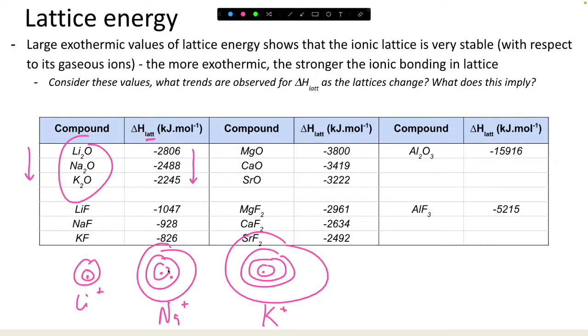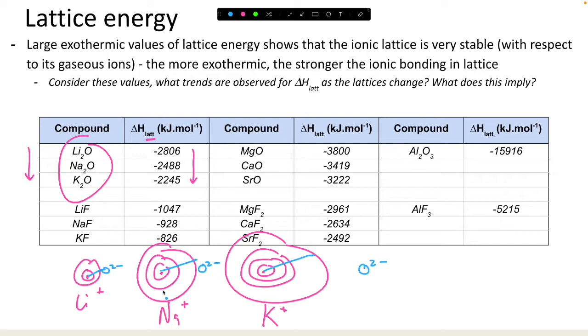But as we get a bigger and bigger ion here, as we get further and further from that nucleus, if you think about the radius there, that electrostatic force of attraction becomes weaker. Therefore, the oxide, which isn't changing, is further away from the positive nucleus, therefore it's a weaker force of attraction because electrostatic force of attraction is dependent on distance.